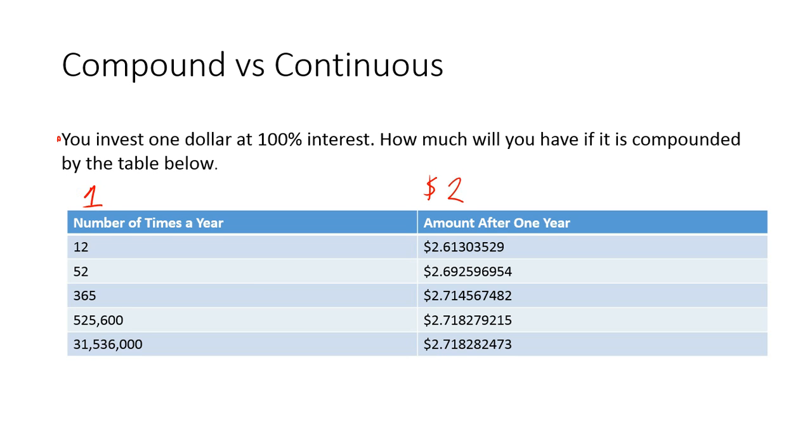And as you see, these numbers are almost identical, down to the hundredth of a cent. So they're still the same. And as we get more and more compounding periods, these numbers become more and more alike, and there is no change.